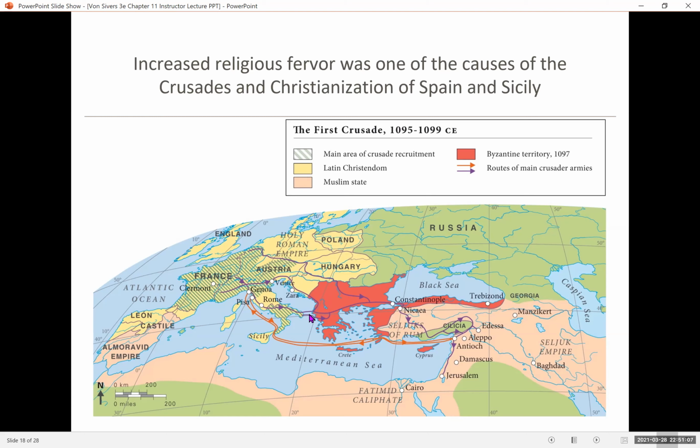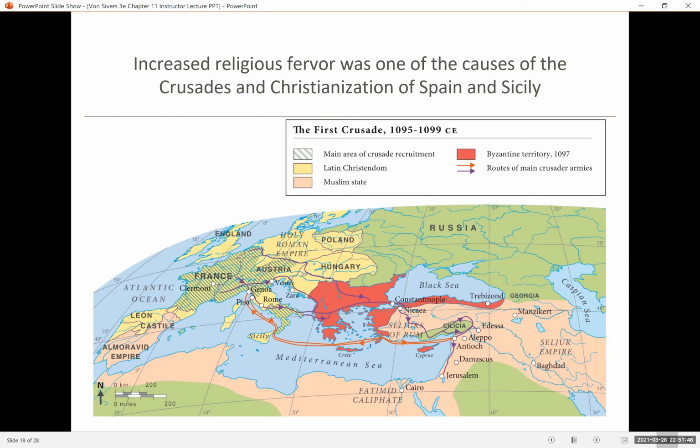And the emperor of the Byzantine Empire will ask for help fighting against the Seljuk Turks and will send a letter to the Pope in Rome asking for troops. And the Pope in Rome in 1095, November of 1095, will call a crusade where basically he will promise that anyone who goes on crusade, they called it taking up the cross, will be forgiven of their sins, past, present, and future in some cases.